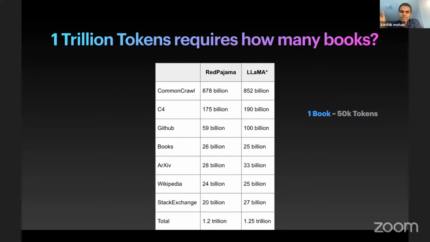So take the number of words in a book, multiply by a factor of about 1.5, and you get the number of tokens in a book. A book typically has 50K tokens. To get to 1 trillion tokens, you're looking at 15 million books. So in terms of data, these large language models have mined through the equivalent of 15 million books of documents on the World Wide Web to train their models. It's a lot of information, a lot of data.